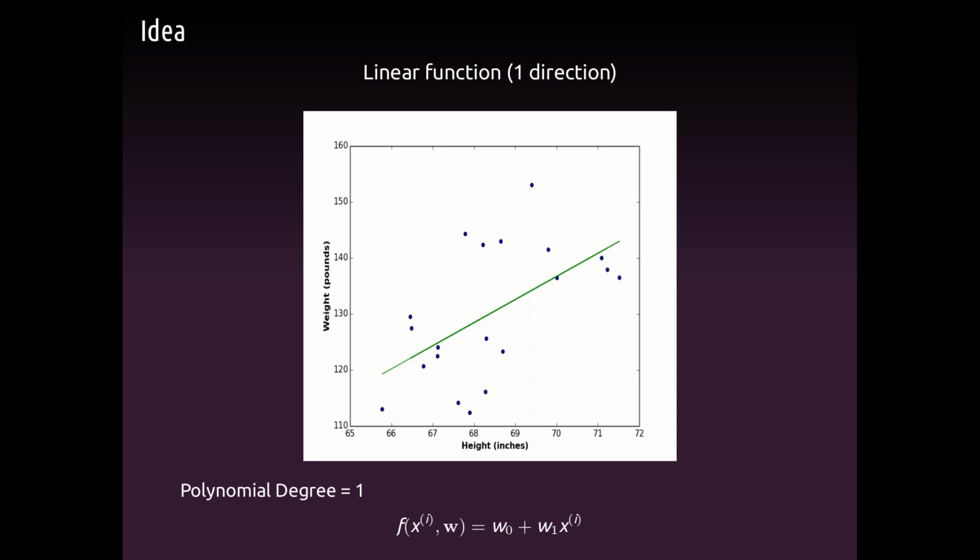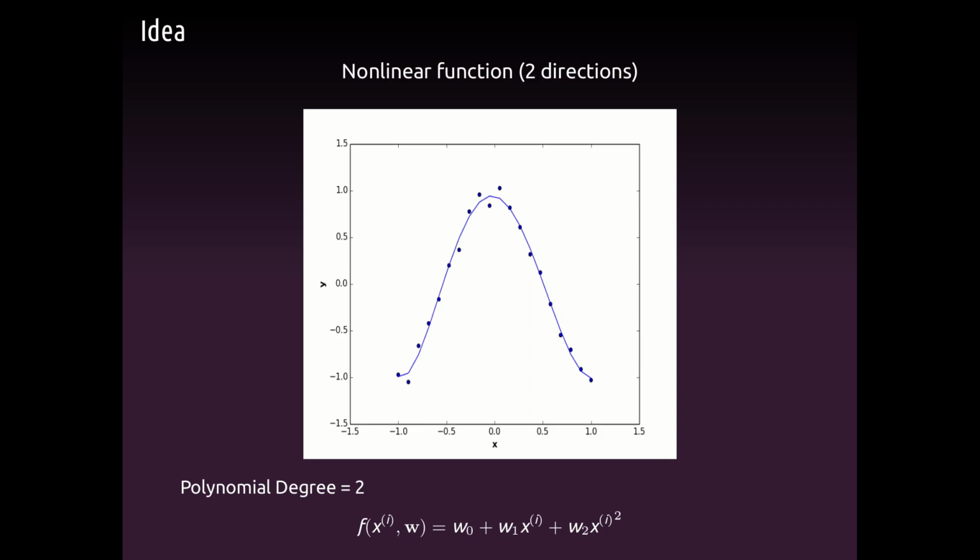And you will notice that the mathematical definition of a linear function contains a single term of the variable x, and also the power of x equals 1. So this is how we can know that we are talking about a linear function, because we don't have terms of the x variable with power higher than 1.